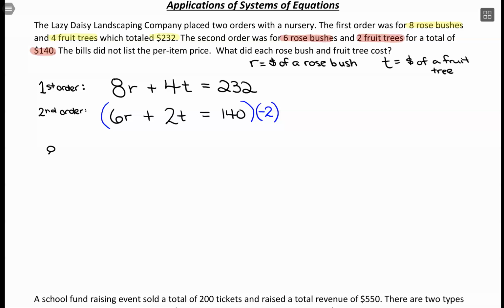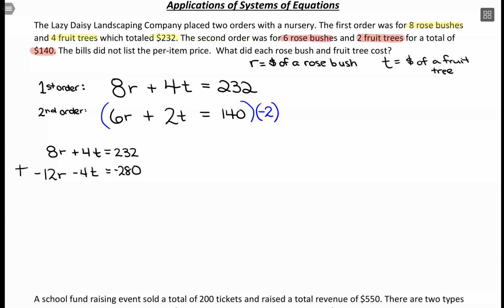So my first equation, 8r plus 4t equals 232. And then for the lower equation, -2 times 6, so -12r, -2 times +2, -4t, equals -2 times 140, which is -280.